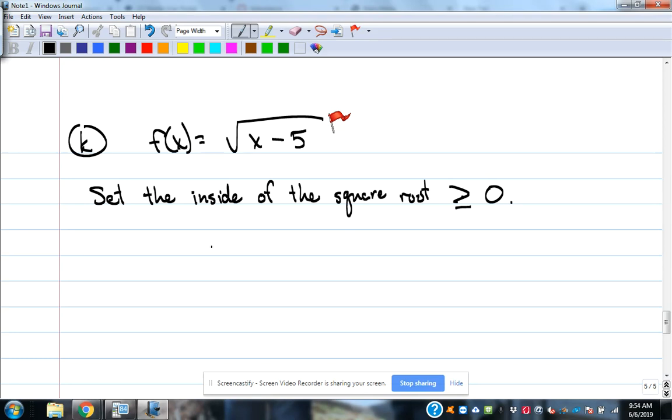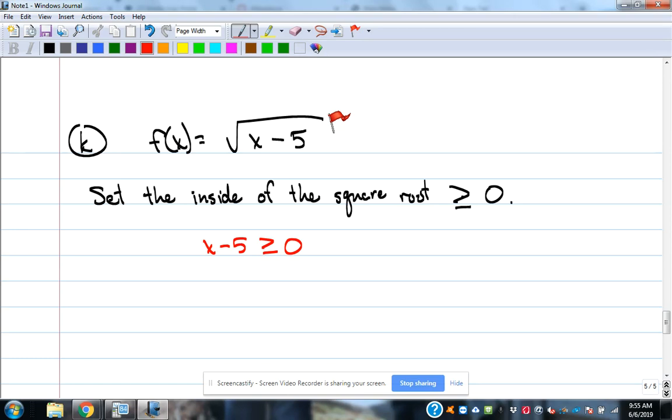So in this case, we're going to take x minus 5 and say it's greater than or equal to 0. The reason that we do that is because when we're taking square roots, we can take the square root of 0. That works. Square root of 0 is always 0. So that's why it's equal to 0.